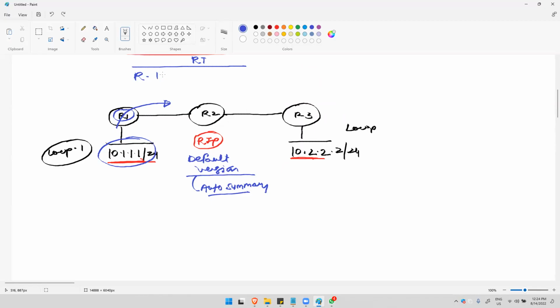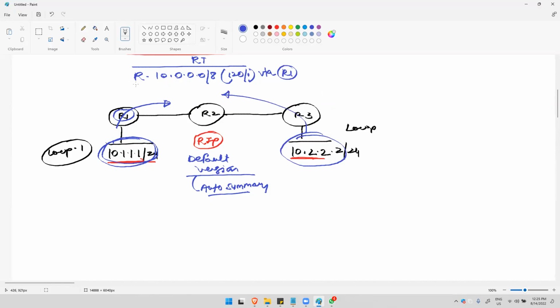Auto summary means classful or classless? It is classful. So which class address do we send inside the update? Class A, only one octet is fixed and the remaining three octets are 0, so 10.0.0.0. The AD value is 120, the hop count is 1, via R1.